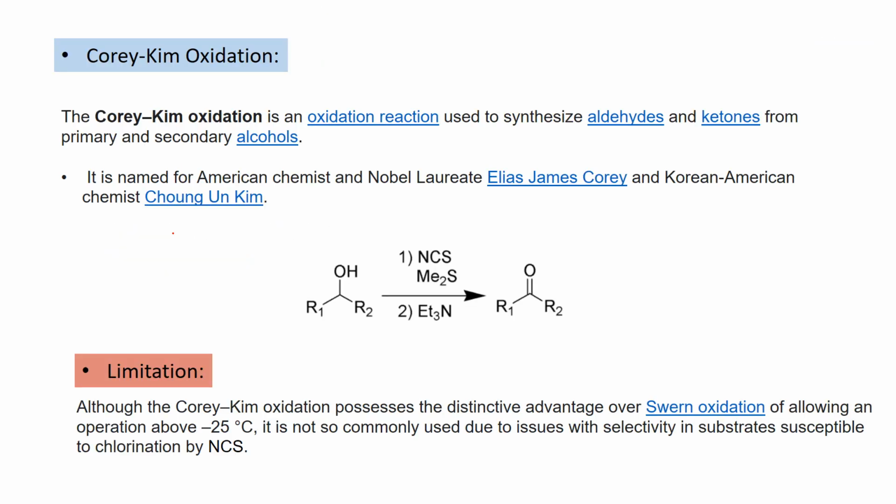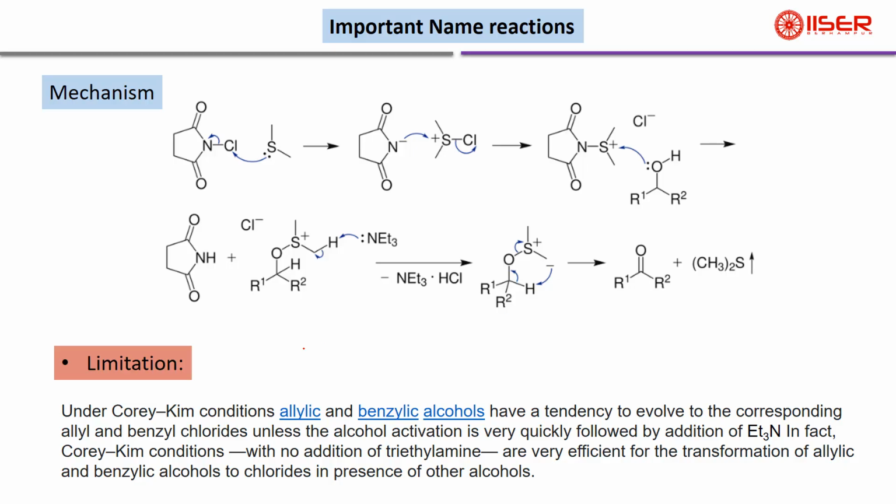So first one is Corey-Kim oxidation. The Corey-Kim oxidation is an oxidation reaction used to synthesize aldehydes and ketones from alcohol. This is the general scheme of Corey-Kim oxidation. If we look into the mechanism, first NCS will combine with Me2S.